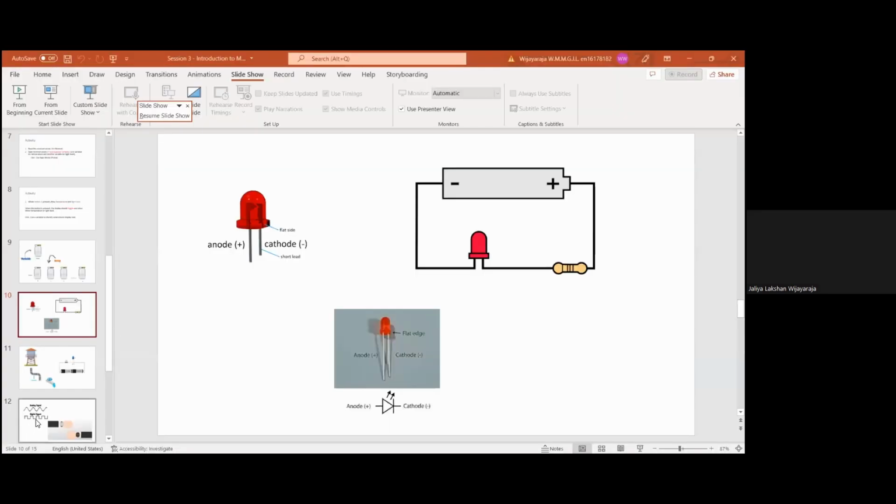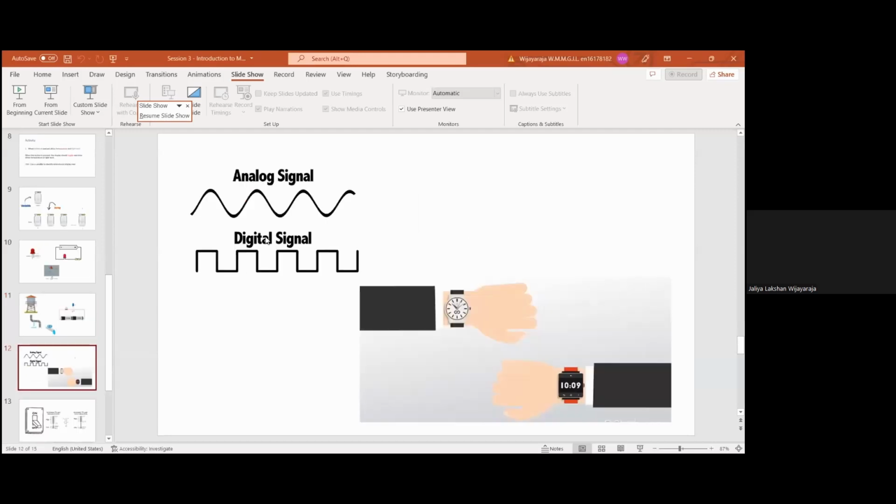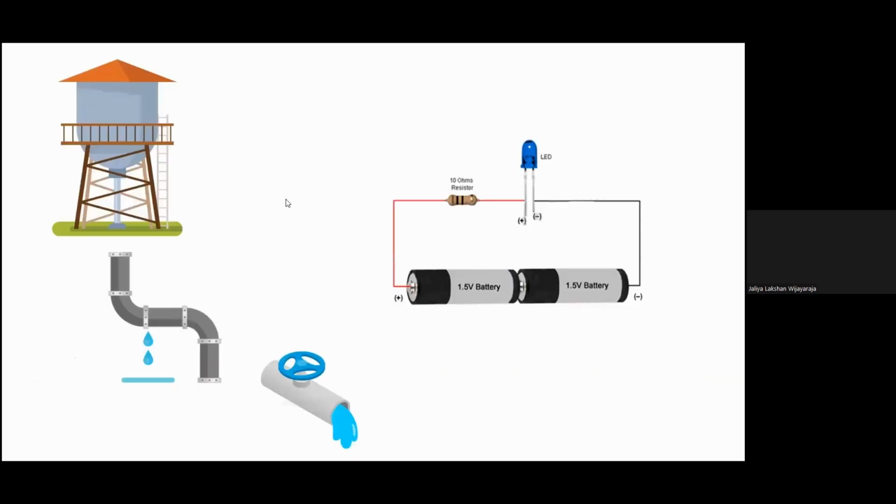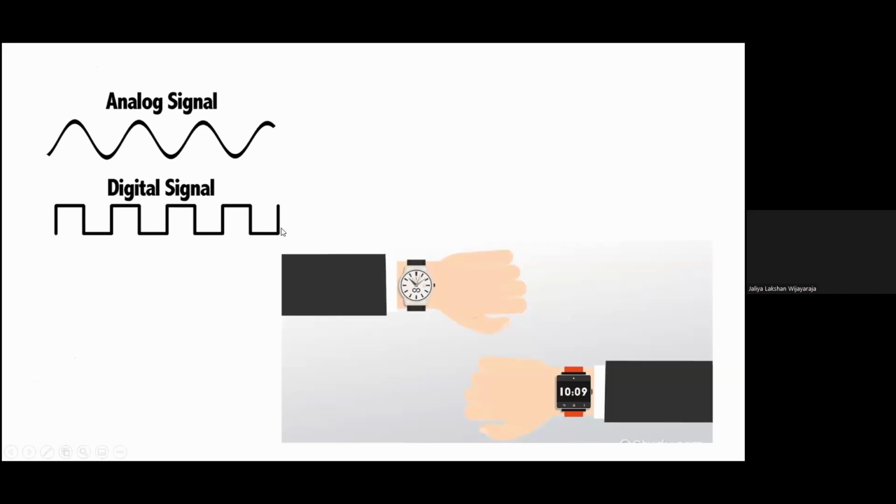Yeah, I will show it to you. So guys, typically in electronics, we will use either analog signals or digital signals. In analog signals, let's say 0 volts to 5 volts, we can have any value between 0 and 5. That means from the range which we are using, we can have any value. But in digital signals, we will have either 0 or 1.